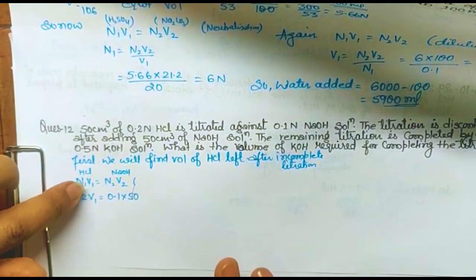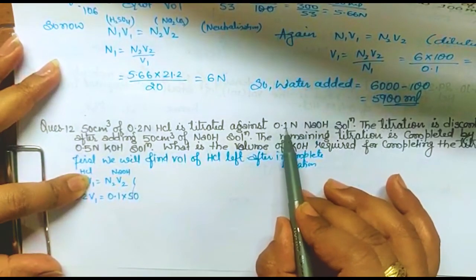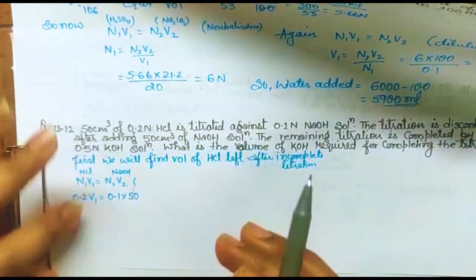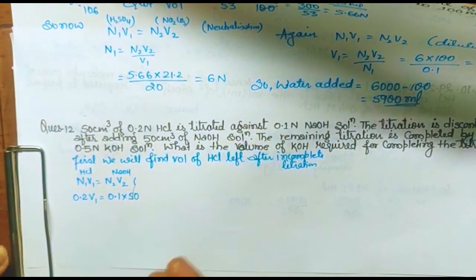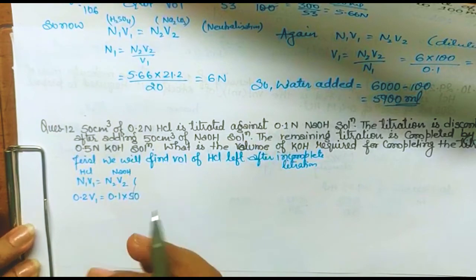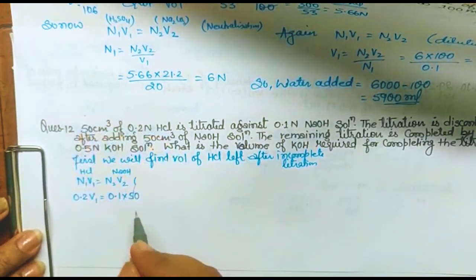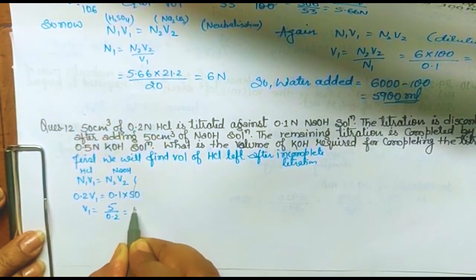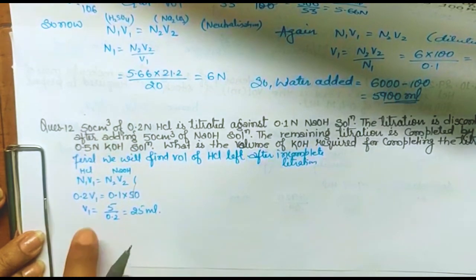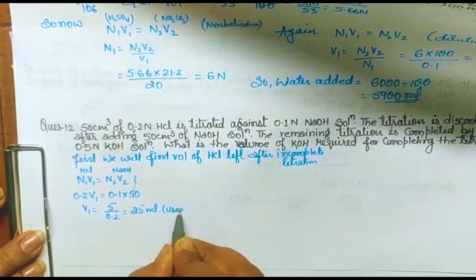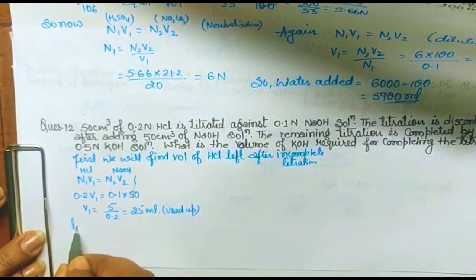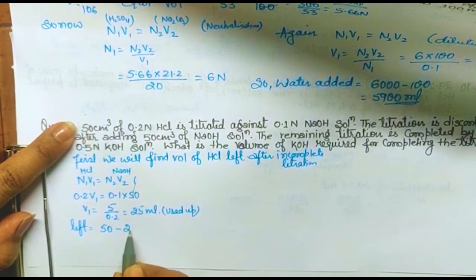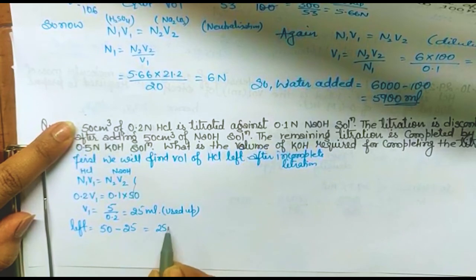What I said? We will find कि इस पूरे को टाइट्रेट करने के लिए 0.1 N NaOH solution, the titration is discontinued after this. मतलब इतने पार्ट को टाइट्रेट करने के लिए कितना वॉल्यूम HCl का जरूरत पड़ी, that we will find और उसको minus कर देंगे तो you will get the left one. Yes, so V1 is equal to 5 upon 0.2, that means 25. So V1, this was the used up. सो लेफ्ट कितना हुआ, 50 cm³ पहले से था and now used up 25, so left is 25 ml.